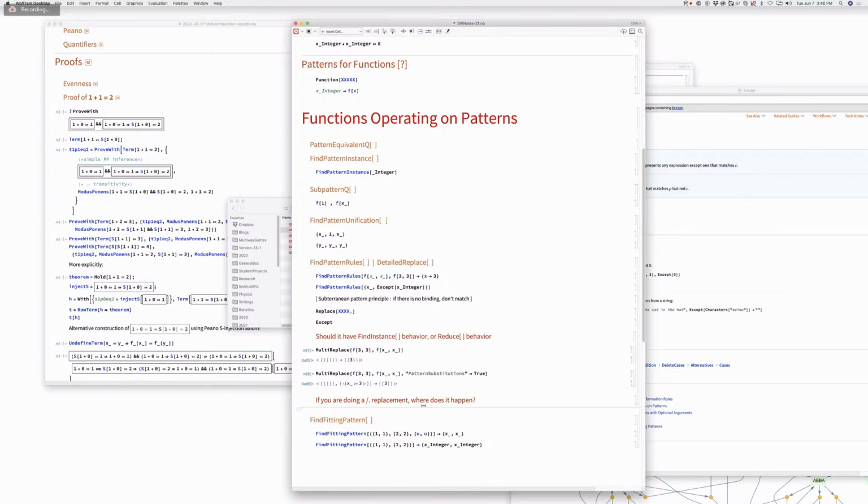Yeah. So for example, if I go multi-replace here and I say G of f of 3, 3, comma, H of f of 7, 7, right, I get that. Okay, I'm not sure that's the right default, but that's showing me where the matches are and what the bindings for the matches are. Right.